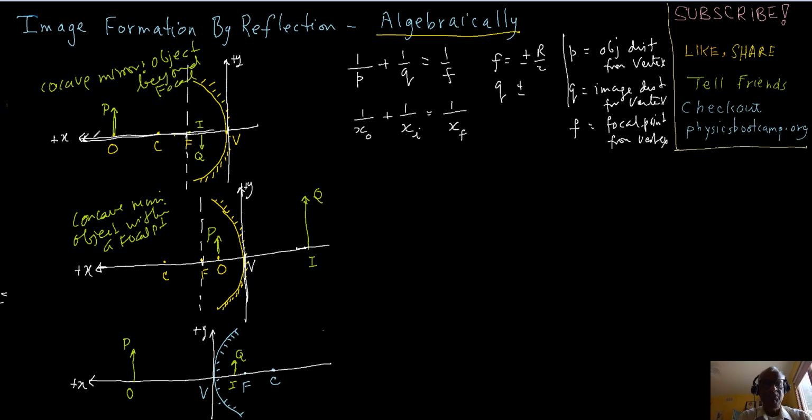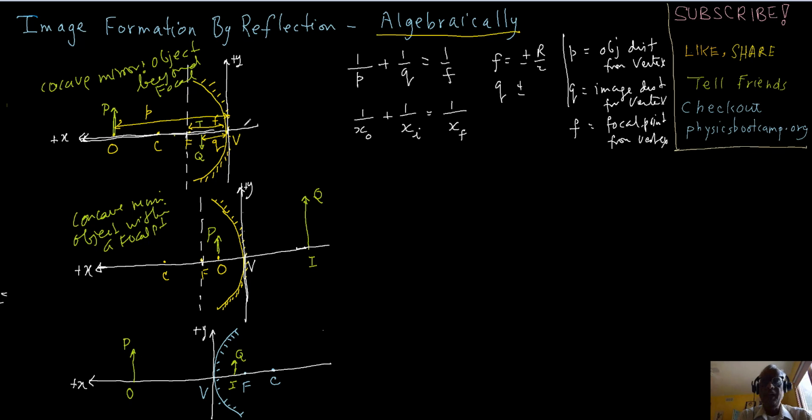So everything here is positive. The object is positive, so this distance is p, this distance is f, and this distance is q.